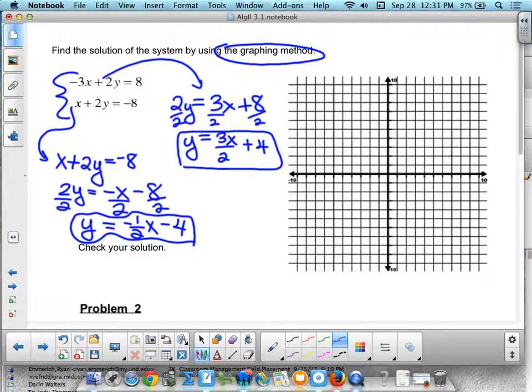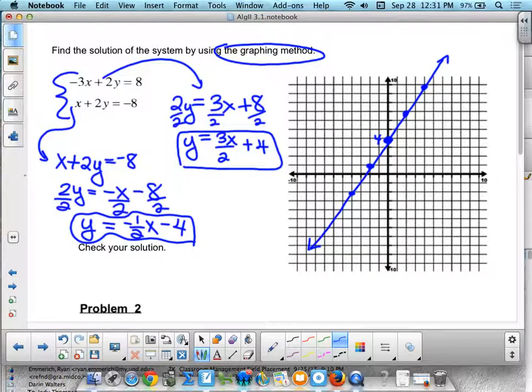Alright. This one crosses at 4. 1, 2, 3, 4. Slope is up 3, right 2. There it goes, and this one would be, I guess on the other side, down 3, left 2, down 3, left 2. Okay, something like that.